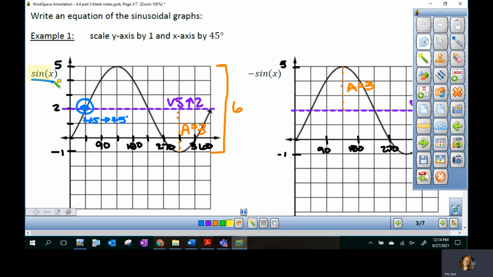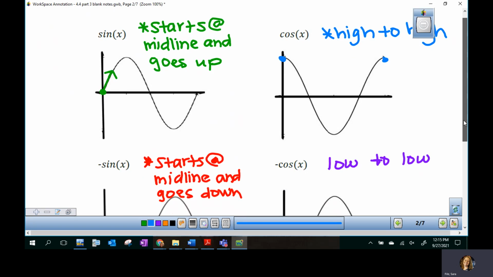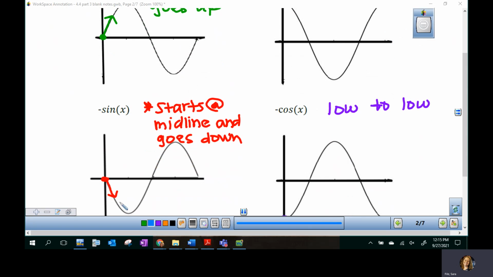I'm going to go ahead and highlight that sine cycle. Okay, midline to high to midline to low to midline. That's a sine cycle. Okay, so what about the negative sine cycle? That should start at a midline and go down.